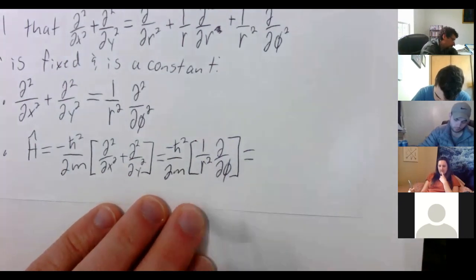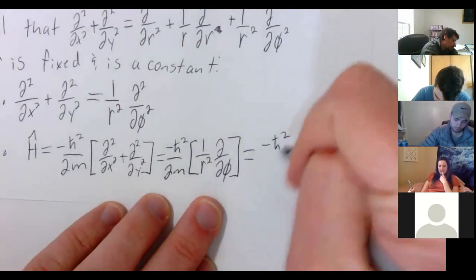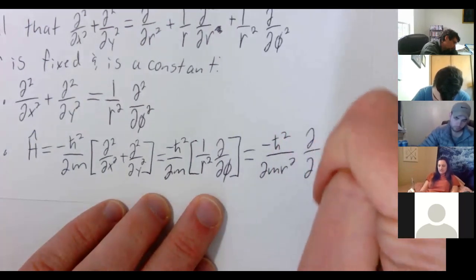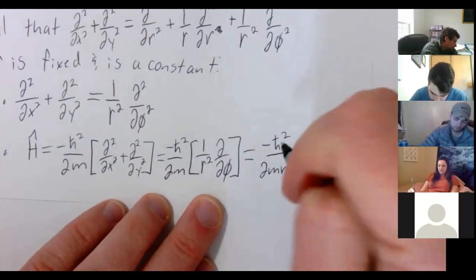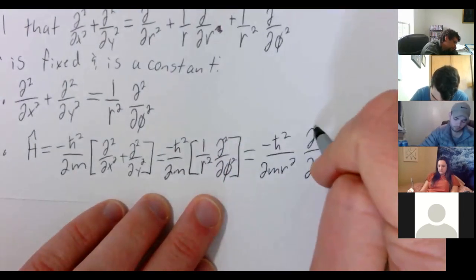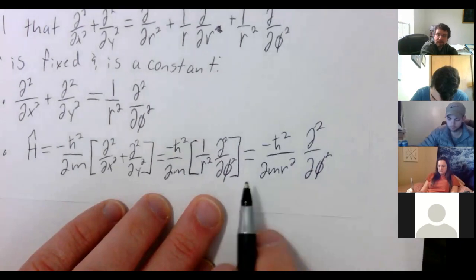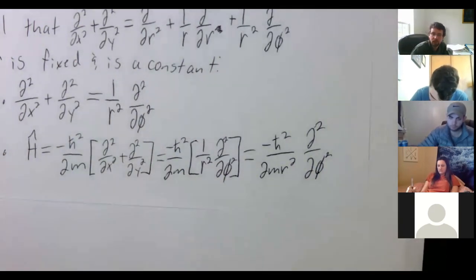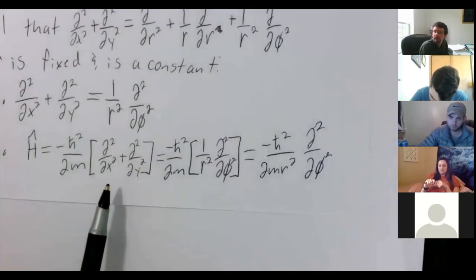We can just pull that r squared out and we're left over with this as our expression. How does that benefit us from what we originally had?